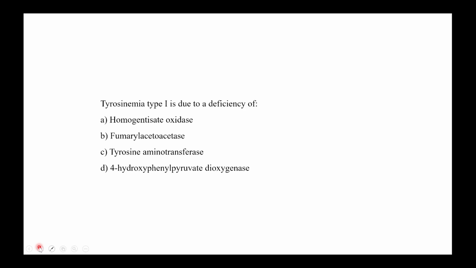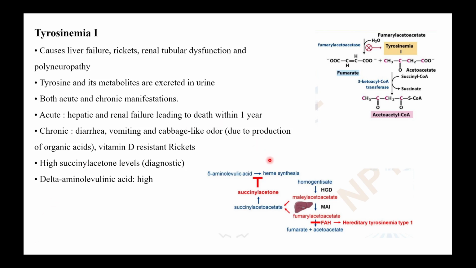You are saying option B, that is fumarate acetoacetate. That is the correct answer. So tyrosinemia type 1 is caused by the deficiency of fumarylacetoacetate hydrolase. In the last step of tyrosine metabolism, fumarylacetoacetate is broken down into fumarate and acetoacetate, and that breakdown is done by this enzyme.